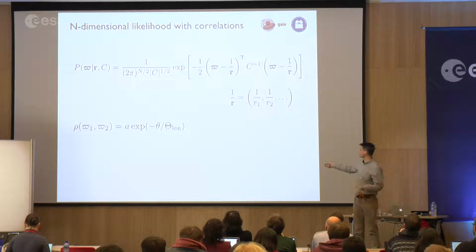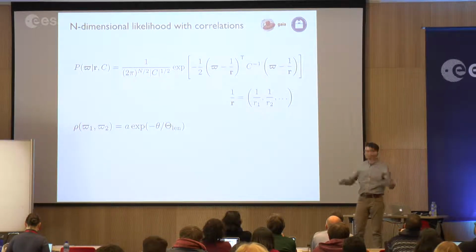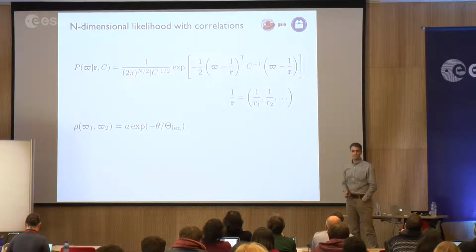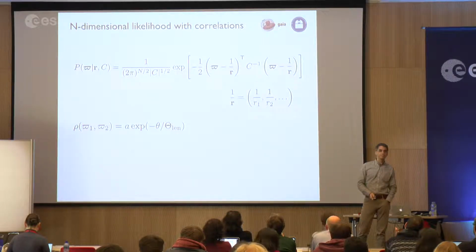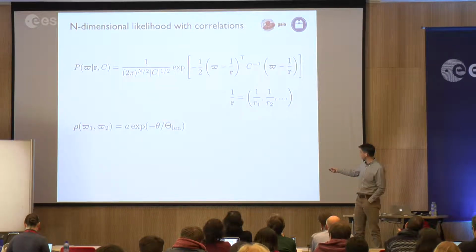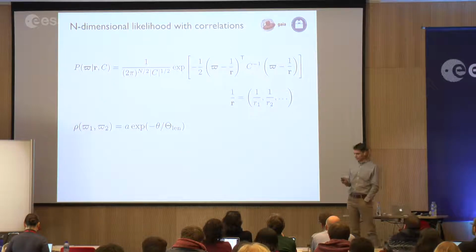Now, this is a gross oversimplification, of course, because you have discrete effects at the edge of the field of view and stuff. But it gives some kind of idea. This function tells you how to compute the correlation between the two with two variable parameters, the length scale and also the amplitude of the correlation. And I have no idea what this is for Gaia, so I just made it up. That's what you do.